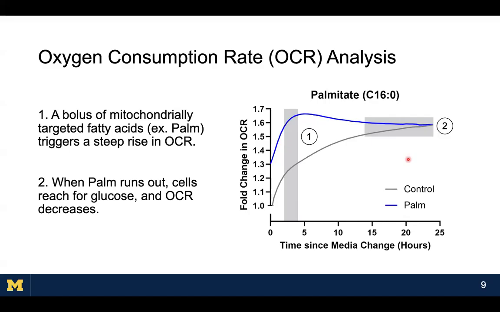And you're correct that on the initial feed and bolus, the labeling into TCA cycle intermediates comes first or most dominantly from the palmitate and later from the glucose, if you have both around.